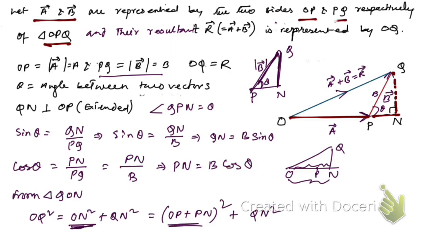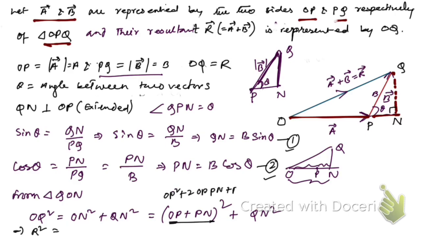Now let me take a new slide. This is equation number 1, and this is equation number 2. If we use these two equations, OQ is nothing but R, so R square is equal to, squaring this, OP square plus 2 OP into PN plus PN square, right?